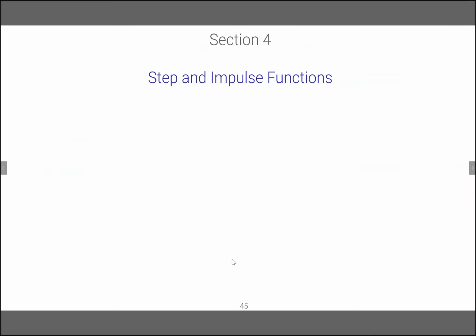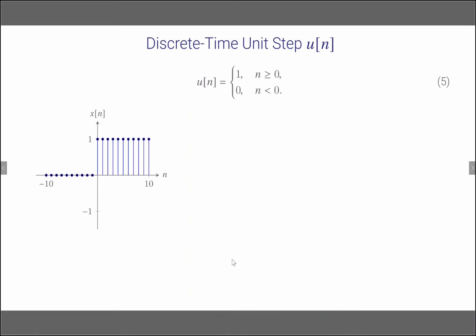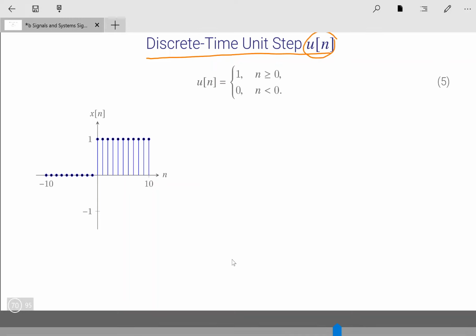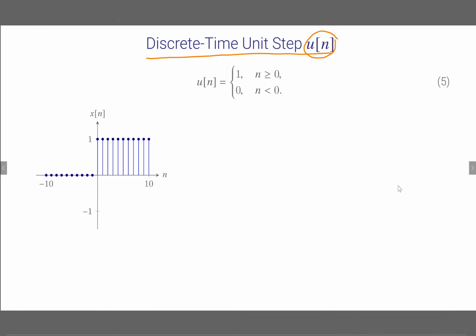Okay, now we'll look at the step and impulse functions. This is the discrete time unit step. We'll start with the discrete time version for convenience. We represent this as u[n], and u[n] is a special symbol, so we have to remember that u[n] is the discrete time step.